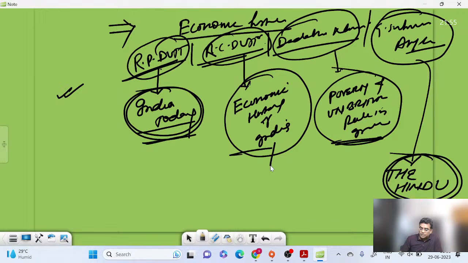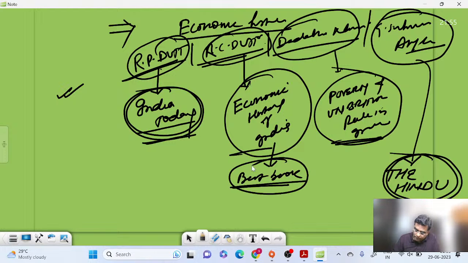Till date, this is the best book to understand colonial exploitation.